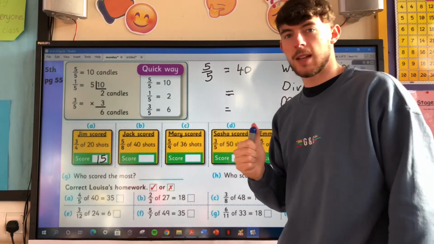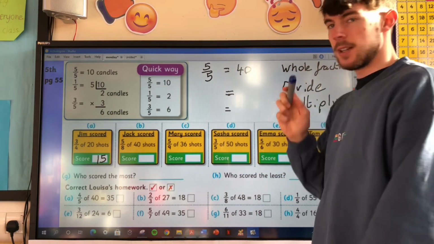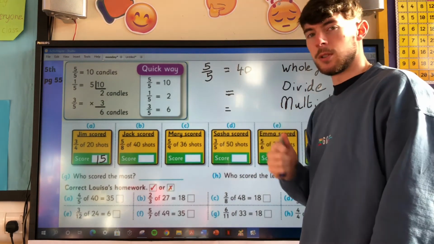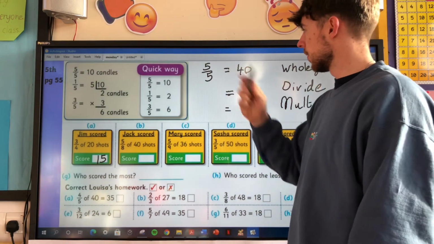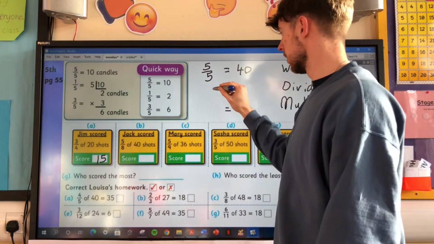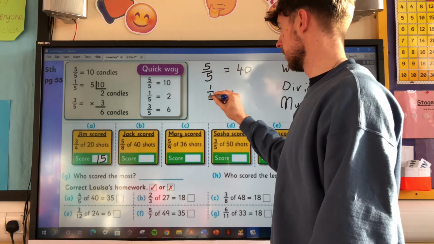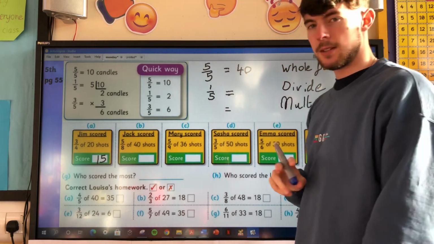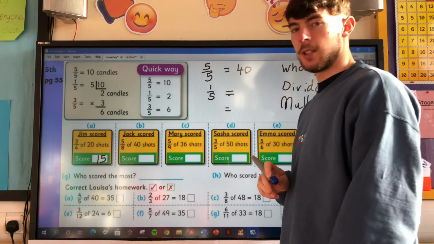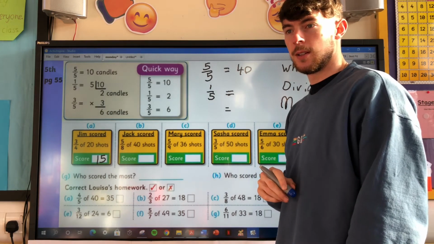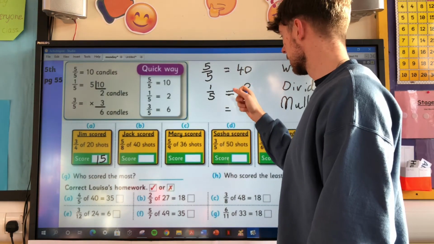Okay, now what do we do with that? We have to divide. We have to get it down to 1, don't we? So if we divide by 5, what do we get? So what's 40 divided by 5? It's 8, isn't it? So 8.